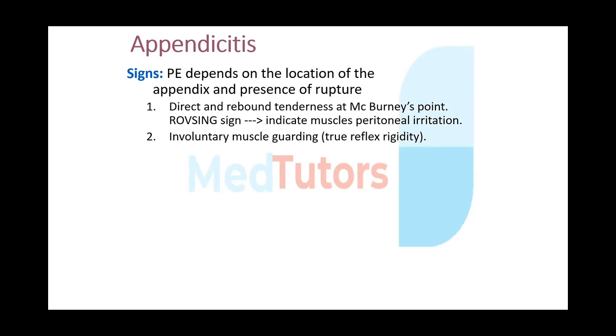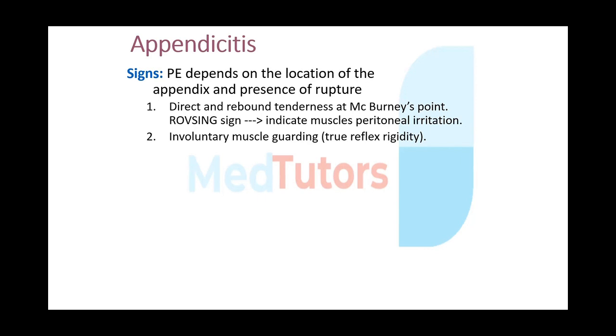So you should also know that the physical examination depends on the location of the appendix, okay? And it also depends on whether the appendix is intact or it has ruptured. Now, direct and rebound tenderness at McBurney's point.